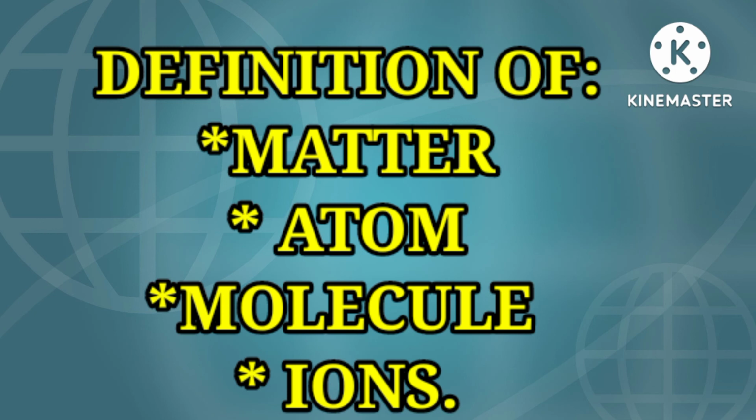Oxygen, that is O2, nitrogen, N2, and chlorine, Cl2, are diatomic. That is, the molecule consists of two atoms. Others like phosphorus, P4, and sulfur, S8, exist as tetratomic and polyatomic molecules, respectively.